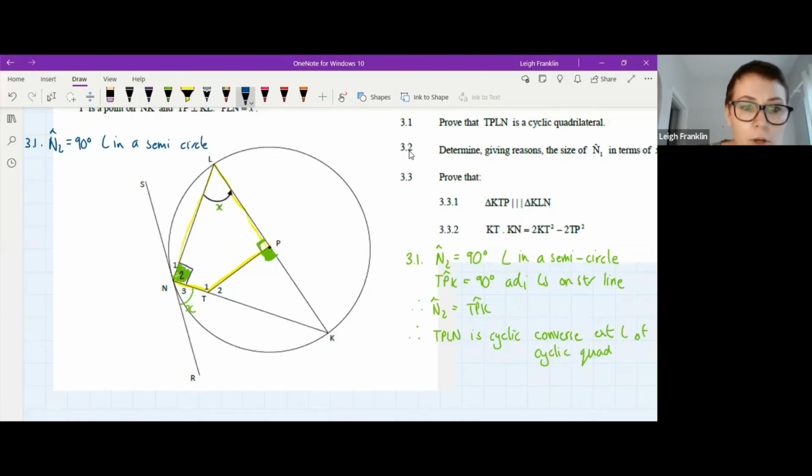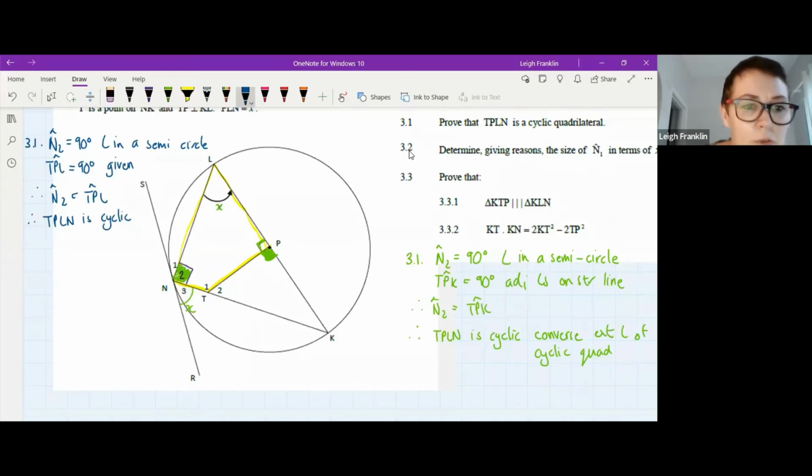Then we could have concluded that TPL is 90, and that was given to us. Remember, they told us that TP was perpendicular to KL. So now we can conclude, Zianda, that N2 equals TPL, and therefore TPLN is cyclic.